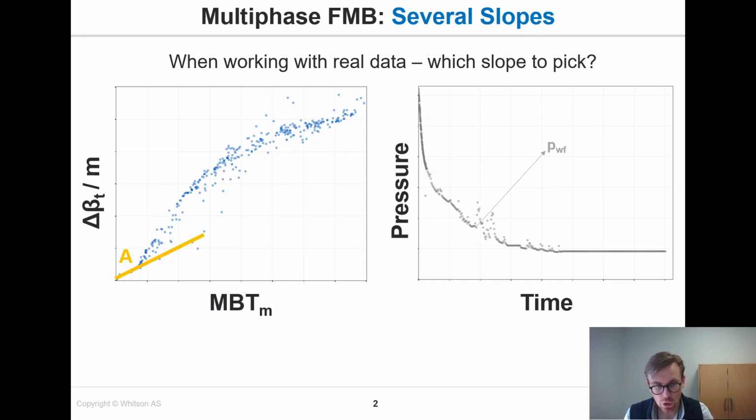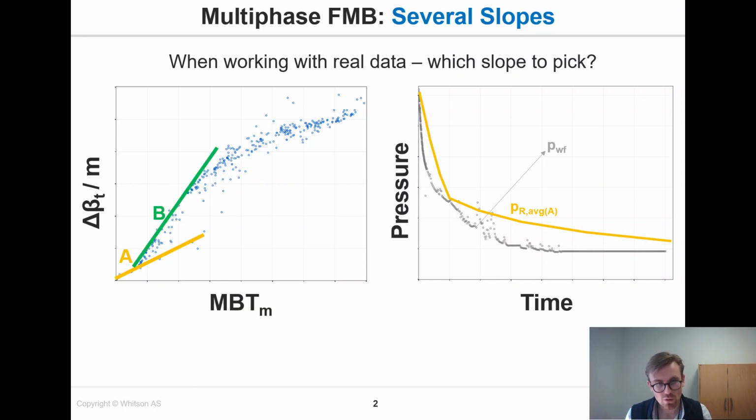Then the first slope that you see on the plot is something similar to slope number A. That's made up typically in a period here before you go two-phase, and if you pick that slope, estimate that, and use that as your pore volume, and you back out your average pressures versus time, you will see this yellow average reservoir pressure versus time in this associated plot here to the right.